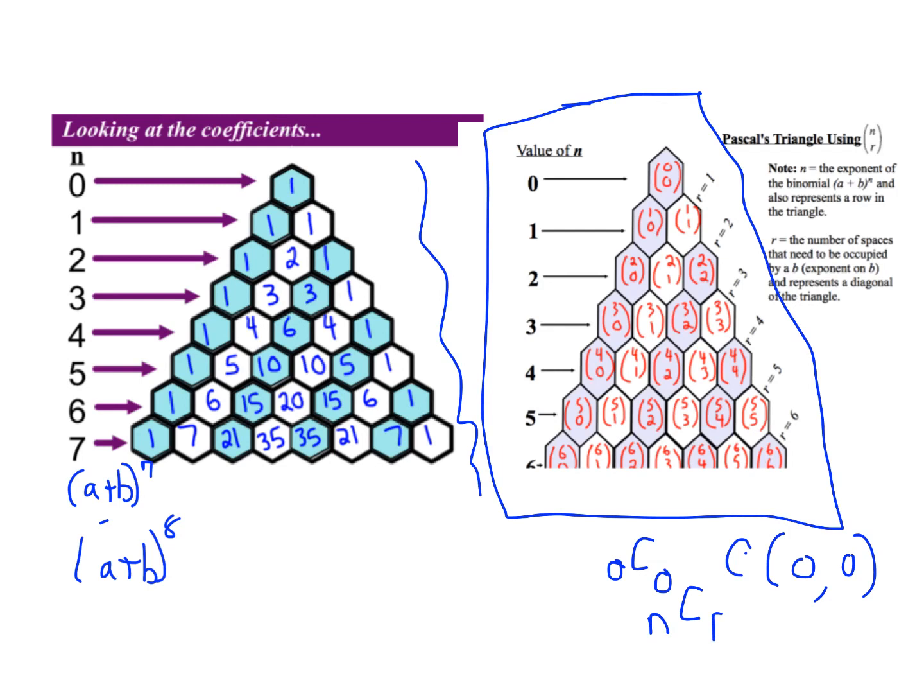And so we just have this written in n choose r form here in order to show you that the values we're getting in Pascal's triangle are also the choose values. And so these are really combinations. How many ways can you choose 0 things from 1? How many ways can you choose 1 thing from 1?